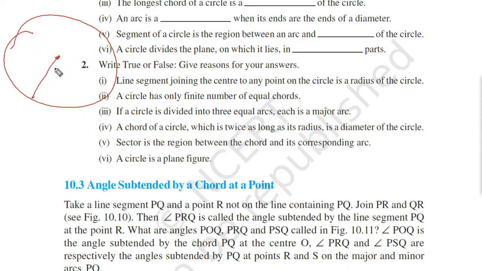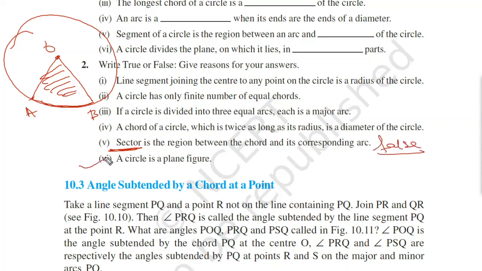Now I have drawn a circle, sector OAB. It is saying a sector is a region between the chord and the corresponding arc. No, it's false. We know that a sector is a region between two radii and the corresponding arc. So this is the sector. So it is false.